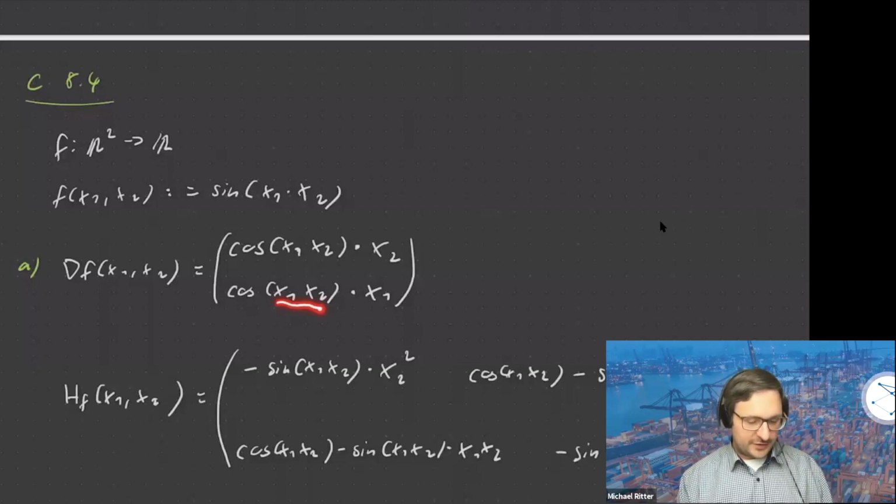Differentiating that with respect to x2 yields x1, and we still have that x1 out here. So what we get is times x1 squared. Okay, so that is the gradient and the Hessian of that function sine of x1x2.